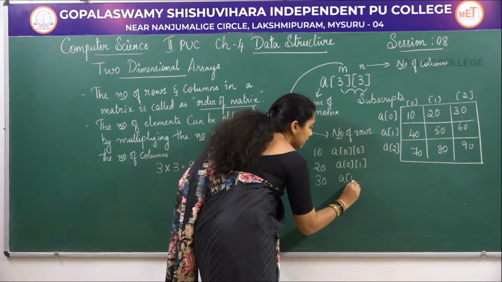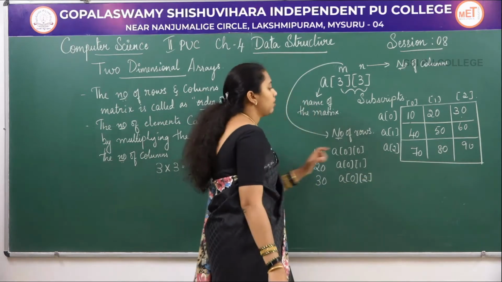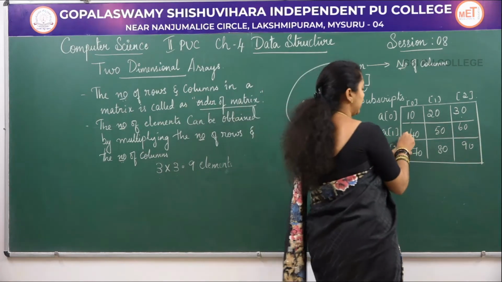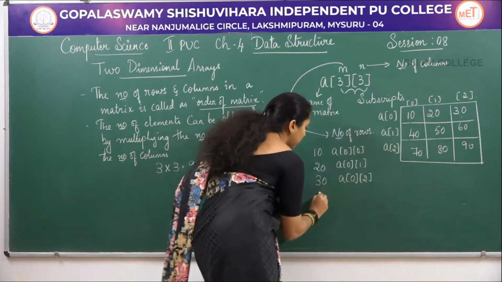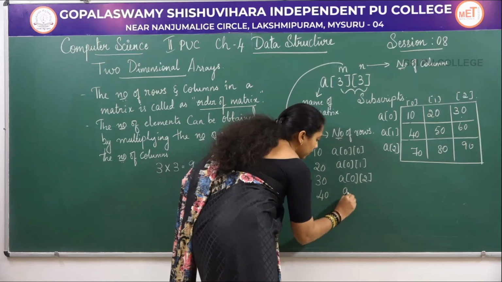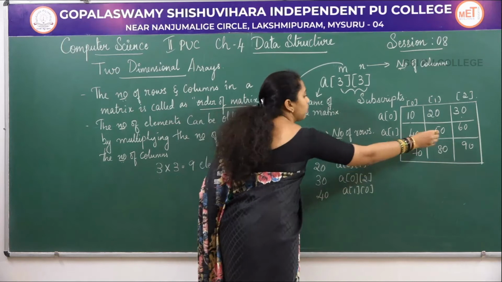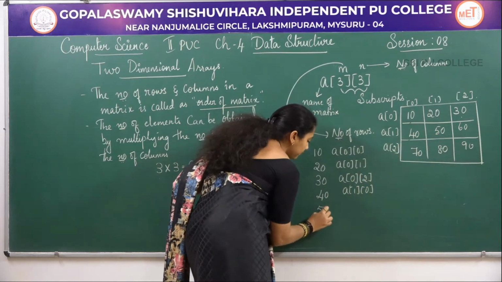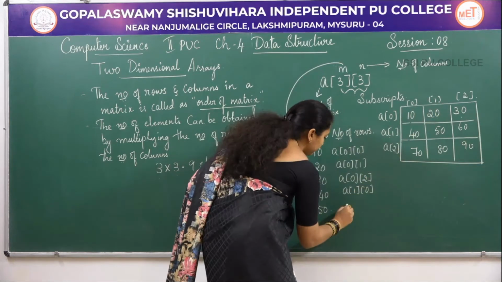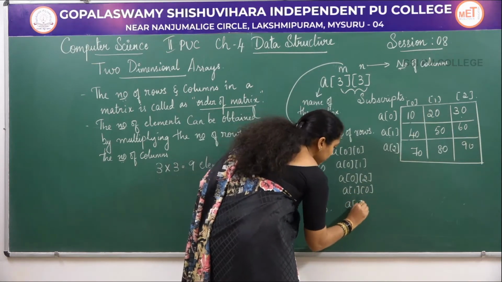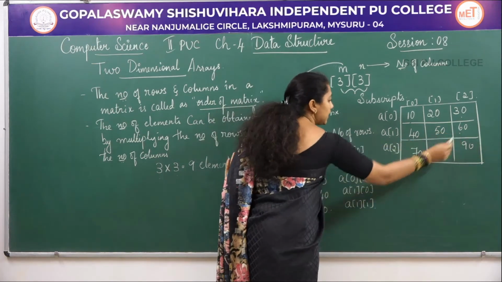A of 0, 2. What is the position of 40? The position of 40 is A of 1, 0. What about 50? A of 1, 1. What about 60?